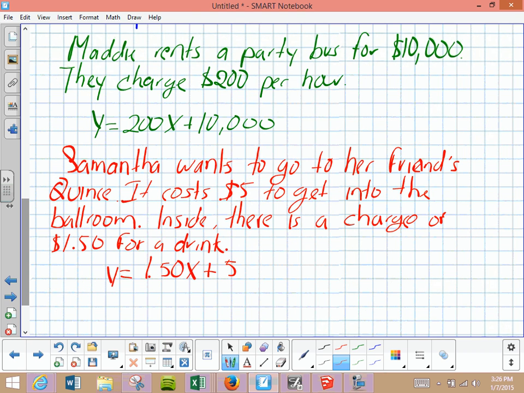And you still got to pay that once you get in. Now it's up to you whether you want to have one drink, two drinks, three drinks, and so on and so forth. So that's good. That's a good example. And how many drinks you buy will increase your price or keep it at five the entire night. It's up to you. So I love these because it kind of shows you what you like. It's a little more personalized to what you do. So it's a good thing.